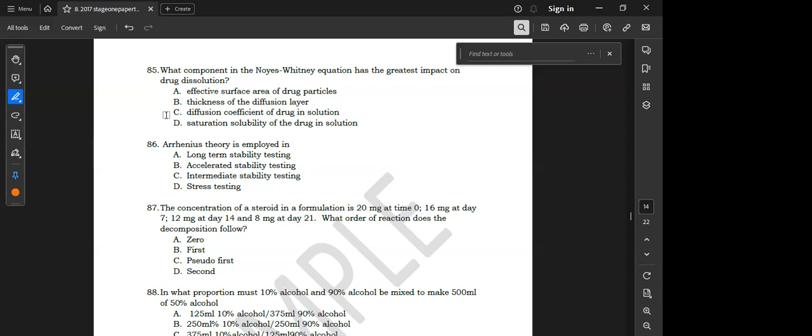You said B, thickness of the diffusion layer. Maybe Hiral, can you remember what it was? The principle of the equation in drug dissolution.